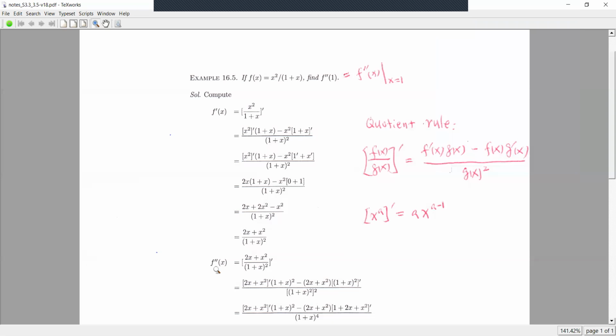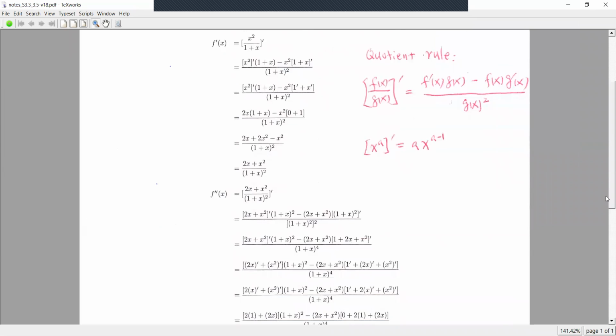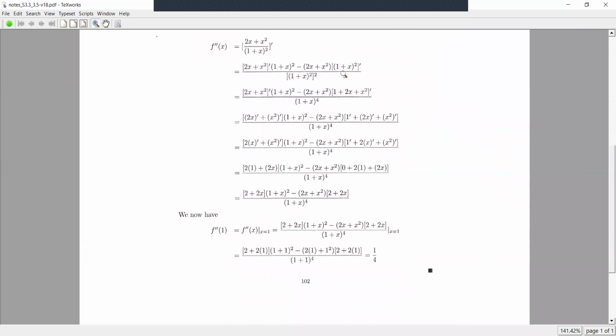Now, take the derivative again and apply the quotient rule to this derivative. Then we have this equation. Expand 1 plus x squared, then we have this equation.